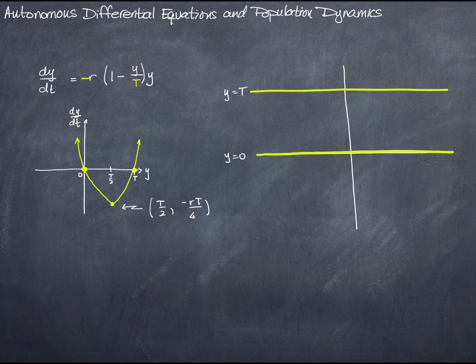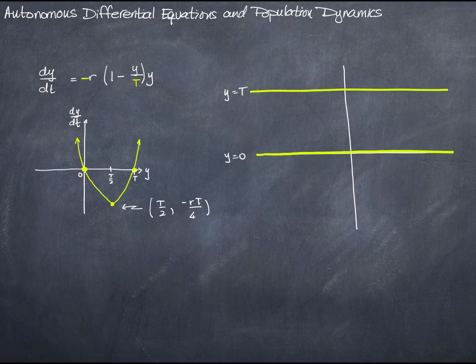I'll go ahead and get my pen ready again. In between y equals 0 and y equals t, this is the graph of the slopes of the solutions. So my slopes here are all negative, so they're all going to be pointing down in between those two horizontal lines. They start small negative, get large negative, and then by the time they get over to t, they're small negative again.